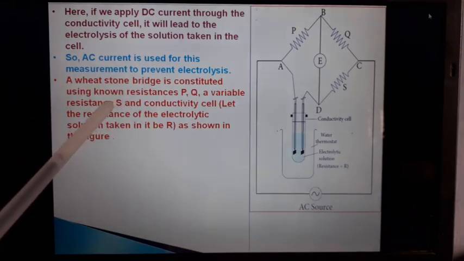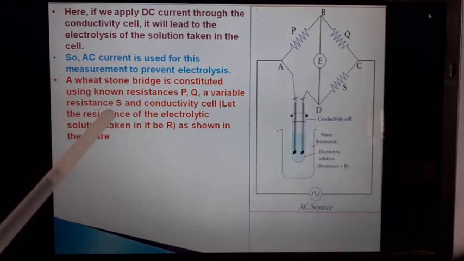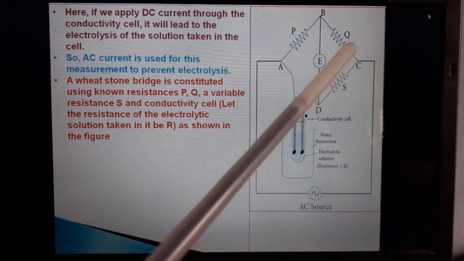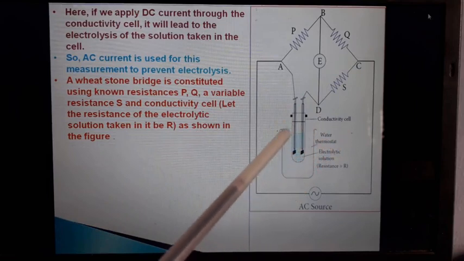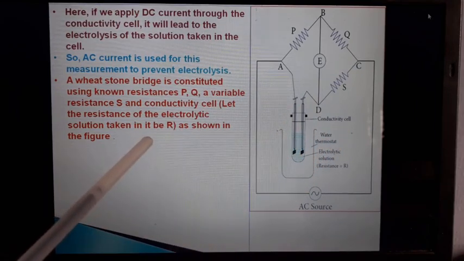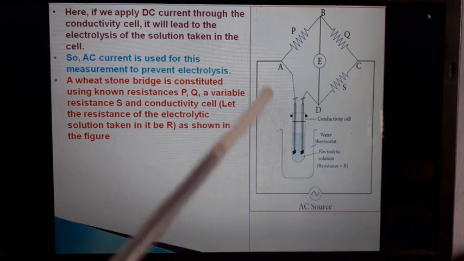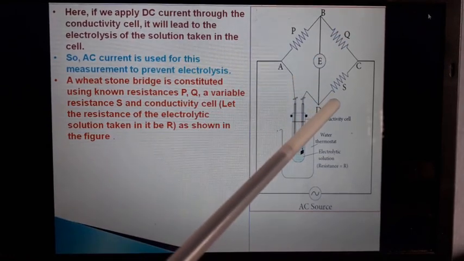Now the Wheatstone bridge is constituted using known resistances P and Q, a variable resistance S, and the conductivity cell resistance. Let the resistance of the electrolytic solution be R. This is the unknown resistance, P and Q are the known resistances, and S is the variable resistance.